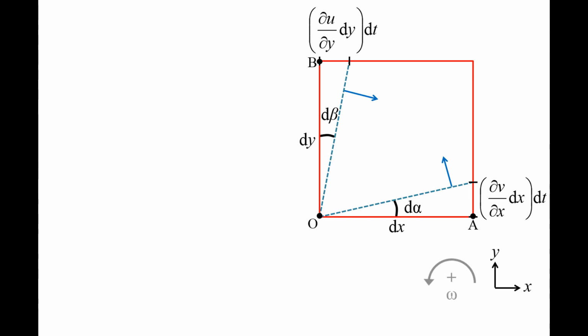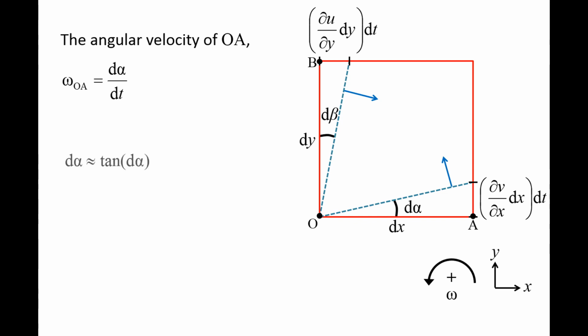We will use the symbol lowercase omega to denote angular velocity and define the counterclockwise direction as positive. The angular velocity of side OA is equal to the time rate of change of angle d alpha. Since dt is a very small amount of time, the angle d alpha will be small as well. For very small angles, the tangent of the angle is approximately equal to the angle itself.